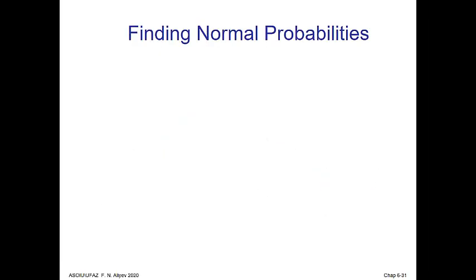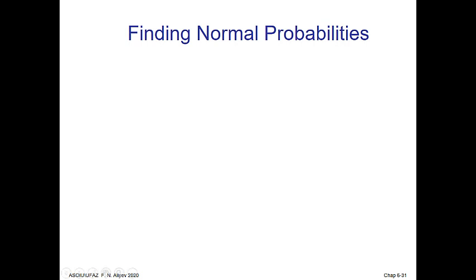We have a table for the standard normal distribution. You can find any cumulative probabilities using this table, and as you know, we can transform every normal distribution to the standardized normal distribution, and after the transformation we can easily find the probability.